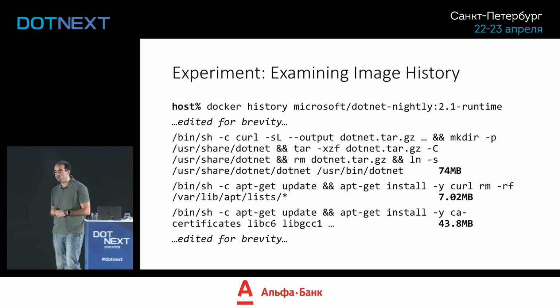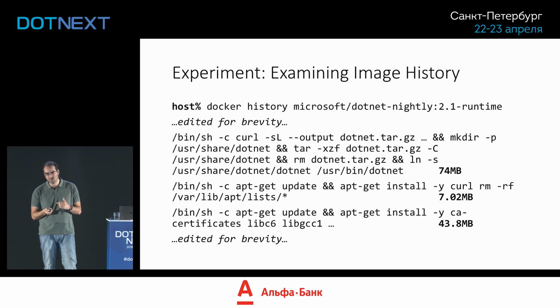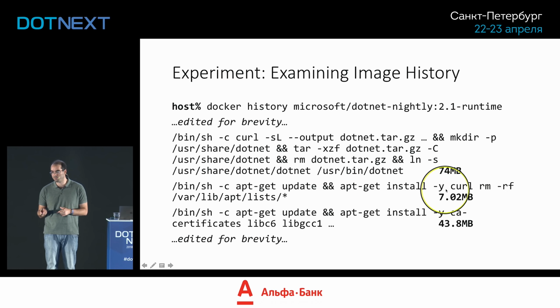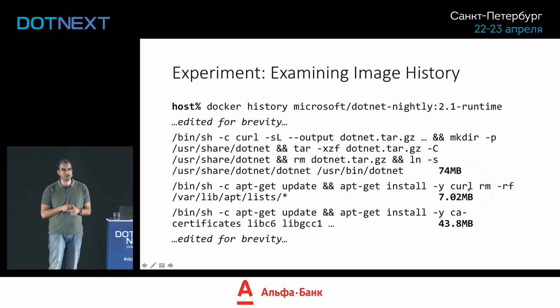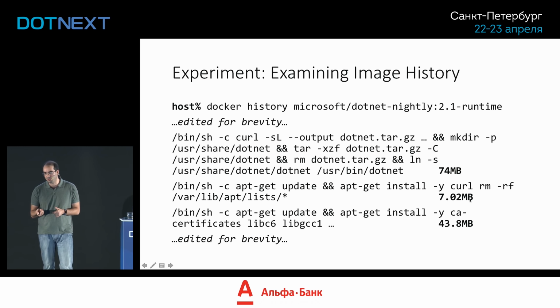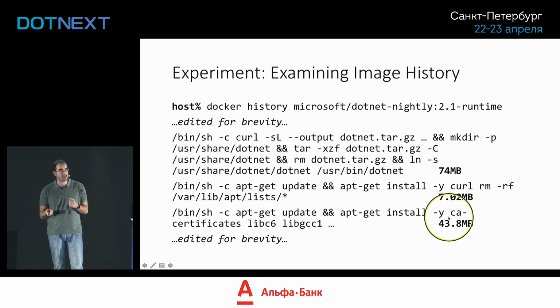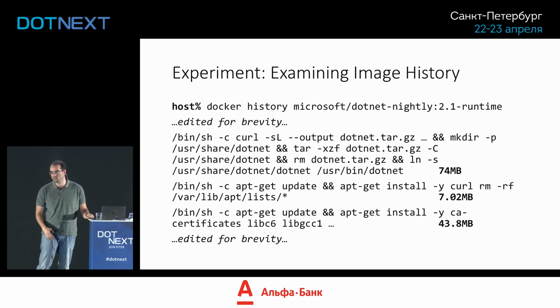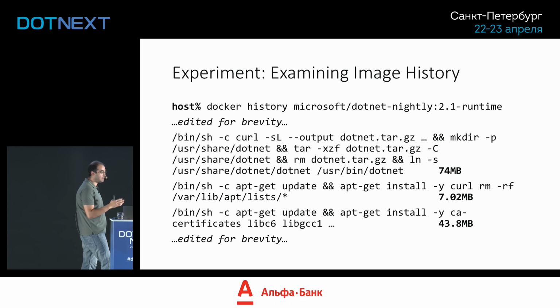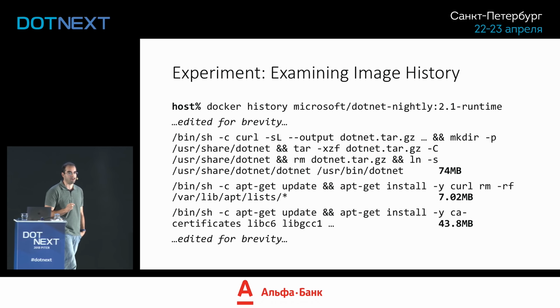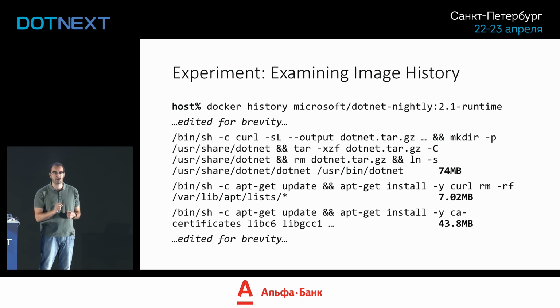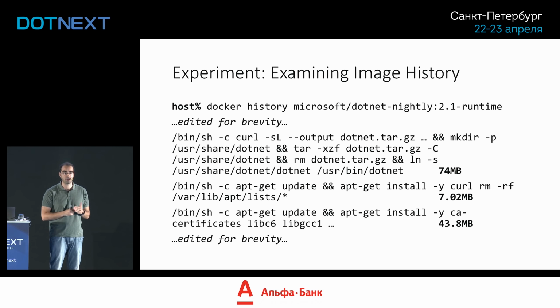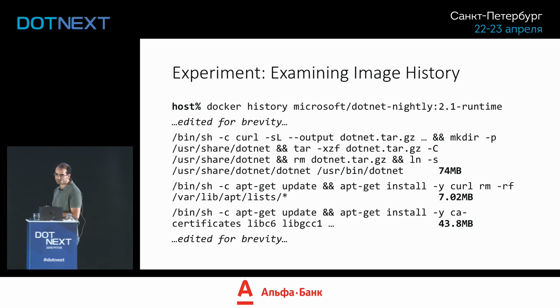And that's 74 megabytes. The previous layer installs a bunch of native dependencies, and that's 7 megabytes. And the base here, the first layer, installs another bunch of dependencies, and that is 43 megabytes. So that gives you an idea of how an image was built and what the different layers weigh, so you know what you can share and what you can't.